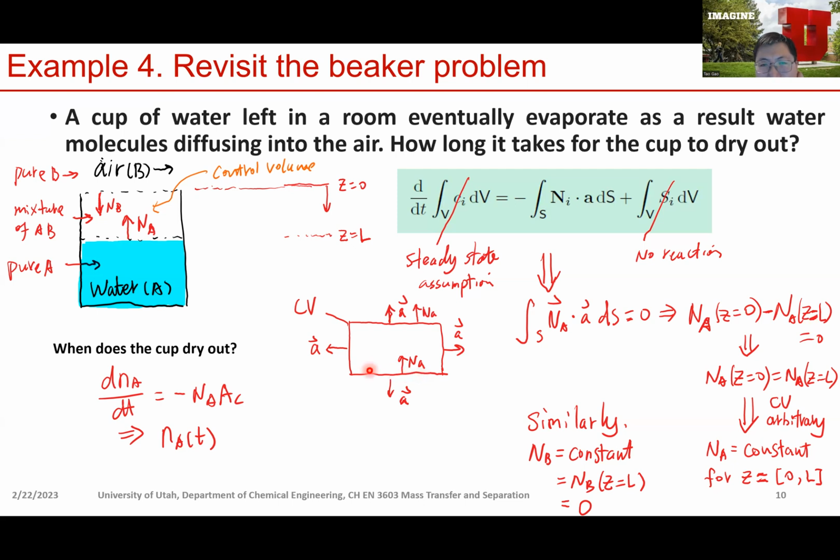We can also pick a bottom surface halfway through, and we get the same conclusion, which suggests N_A is constant everywhere throughout z, for z from 0 to L. By the same token, you can do the same analysis for N_B. You will find N_B is also a constant, and it equals N_B at z equals L.